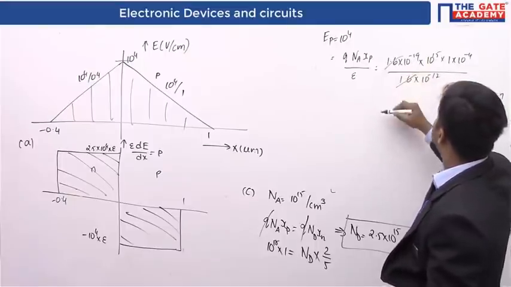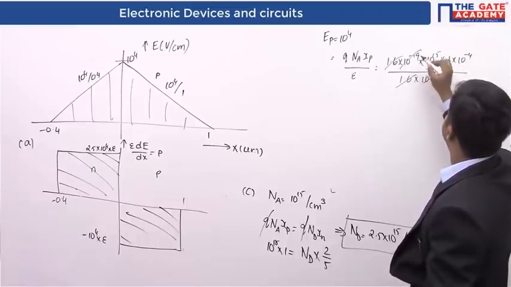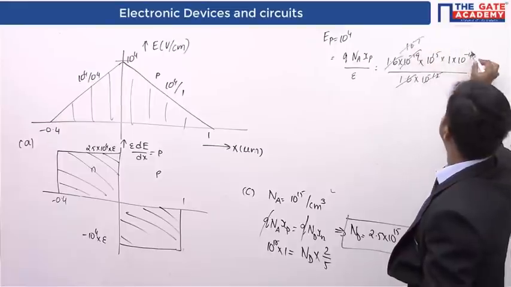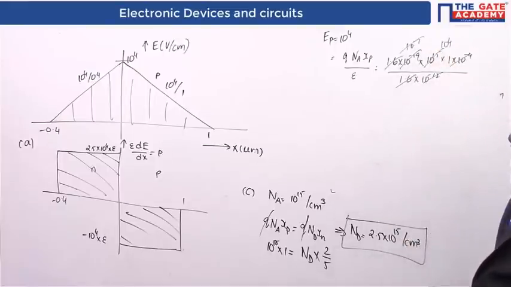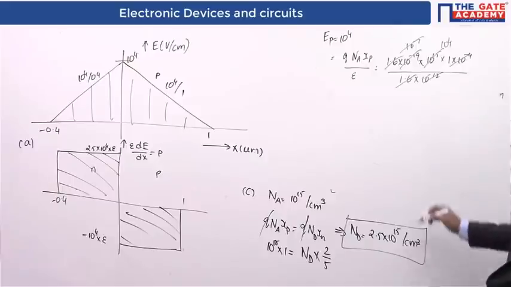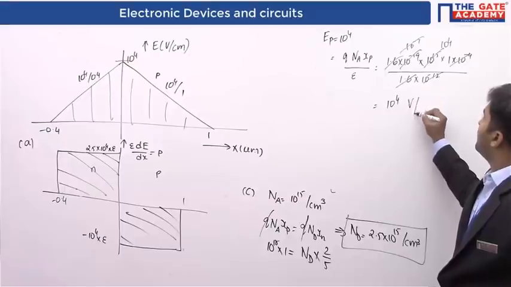So 1.6 cancels out. You will have 10 power minus 7 times... so this is going to be 10 power 4 volt per centimeter.